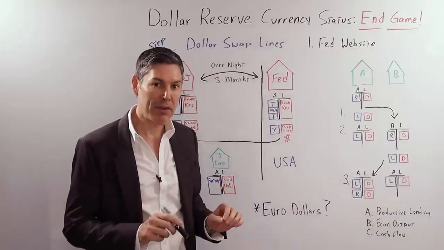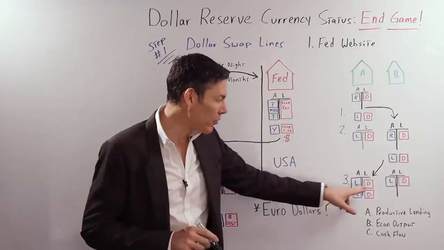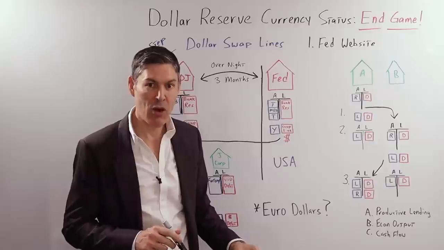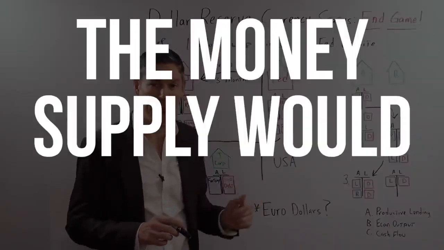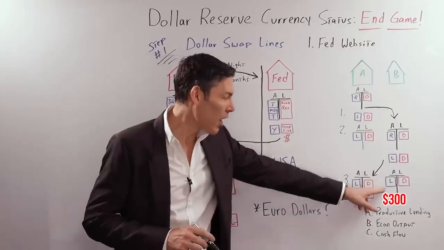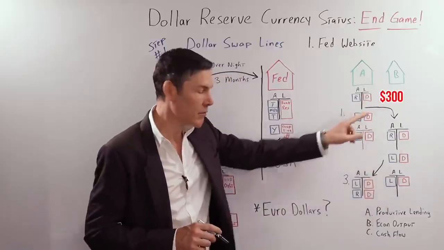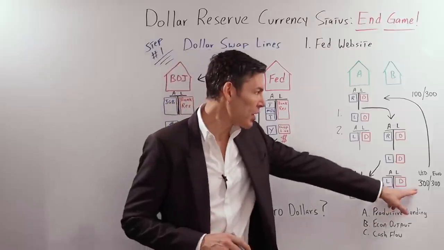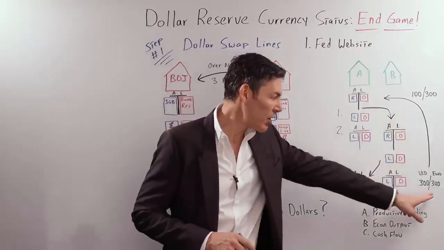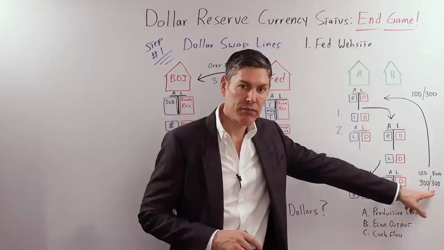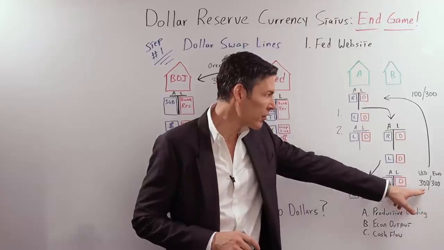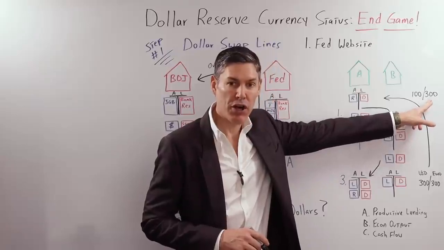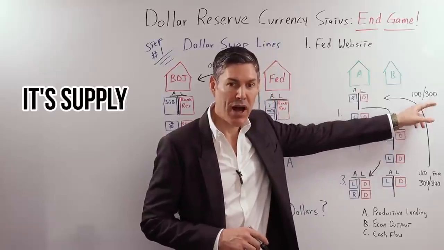So what happens if all of the loans are paid off with the deposits that now exist? Well, the money supply would automatically shrink from $300 back to $100. But there's another step. So we went from 300 to 100, but if we started with 300 euros in addition to $300, and we go down to $100, but there's still 300 euros in the system, it's supply and demand.